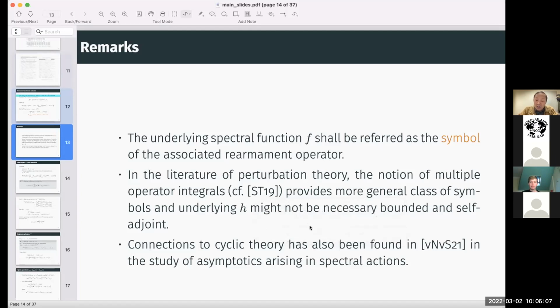There is also an interesting paper of Tien and Waters, where they studied asymptotics arising in spectral actions, and they also make connections with cyclic theory. I think it would be interesting to see how these two stories can be merged together. So, okay, this is a remark.